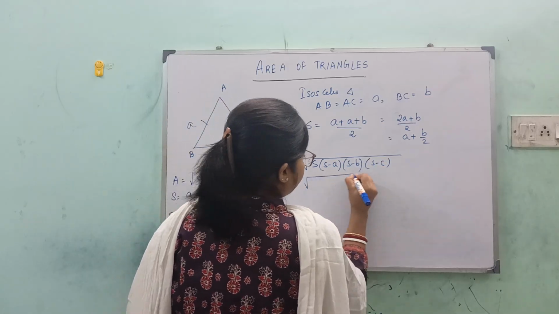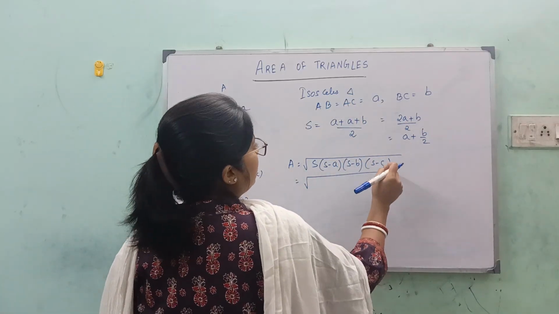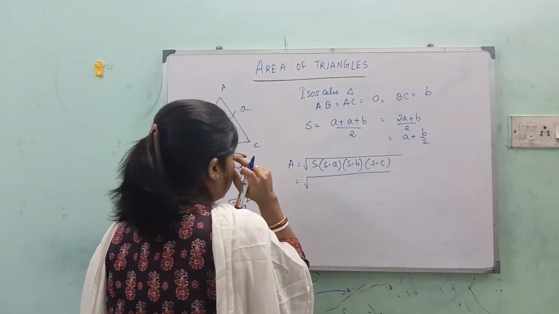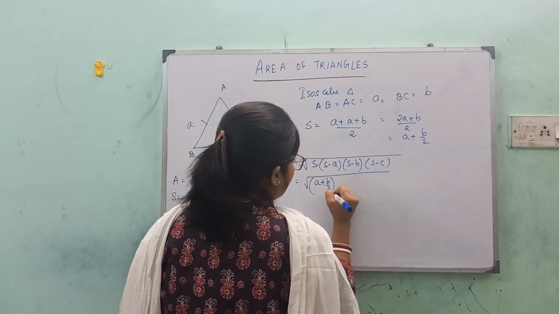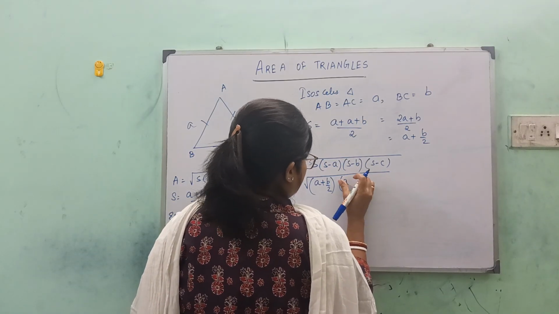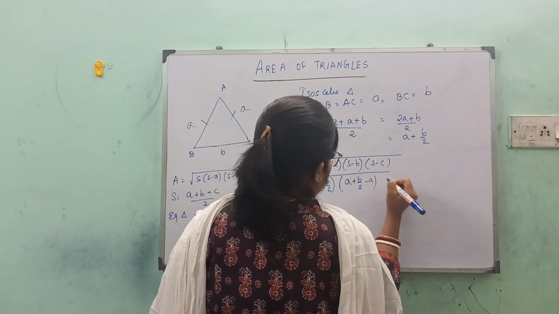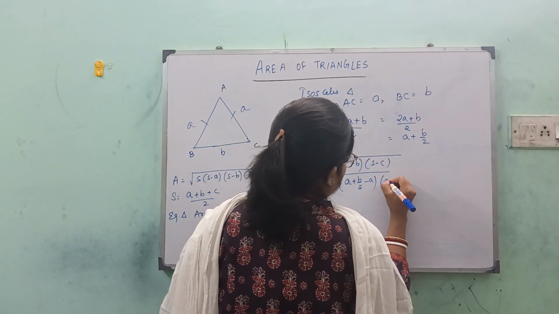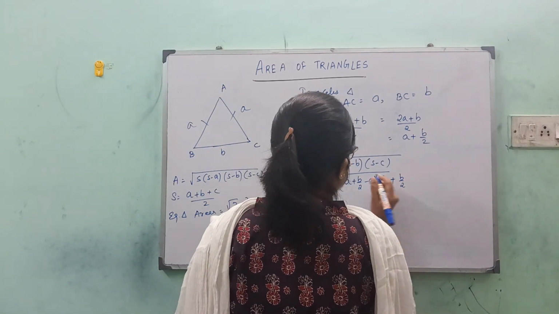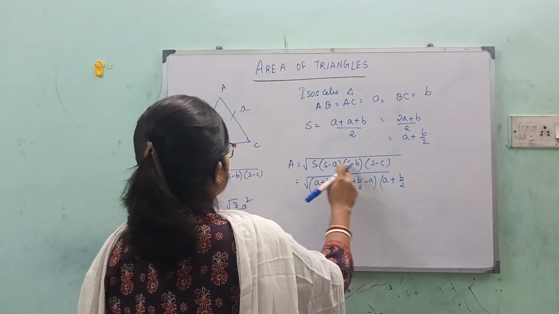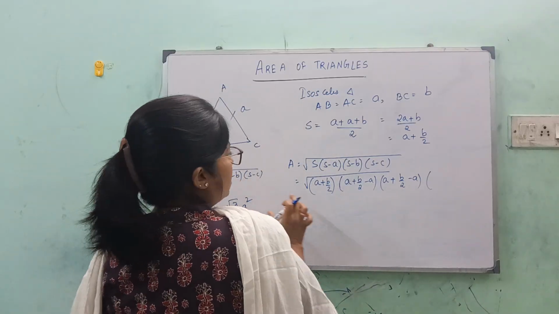Now here your A and B are the same, and C represents the third side. So here it becomes A plus B by 2. In this case we will write A plus B by 2 minus A, and in place of B we will write A only, and C represents the third side.